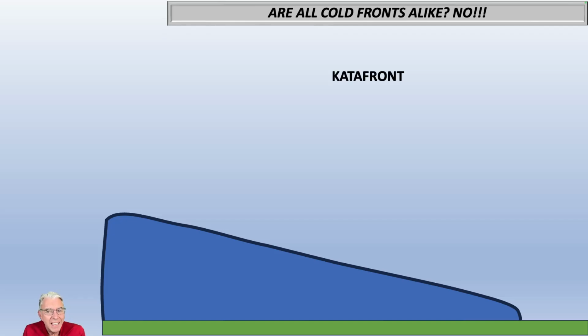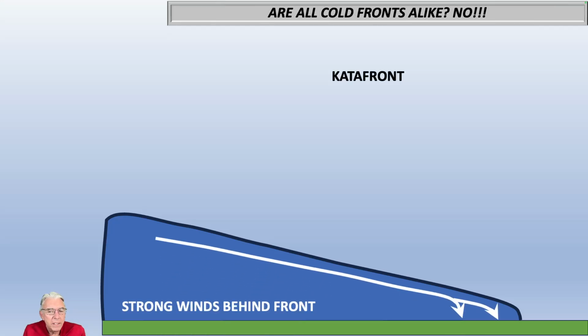Okay, so now let's talk about the two different types of fronts. One is called a catafront, and it has nothing to do with pets or animals or anything like that. But you have very strong winds coming in behind a front. Think of maybe an Arctic front during the wintertime, like we had the other day, where the winds are just howling behind it, okay? And in that case, howling ahead of it as well. But howling behind the front, and so you get this strong sinking motion right at the leading edge of the cold air.